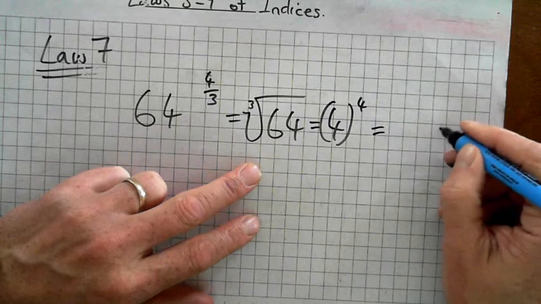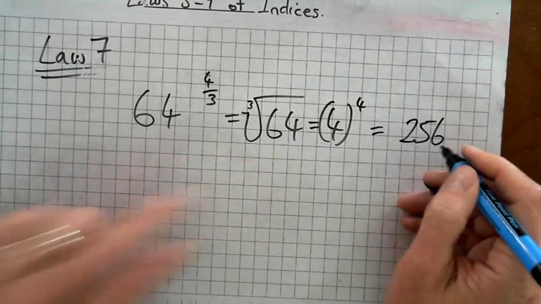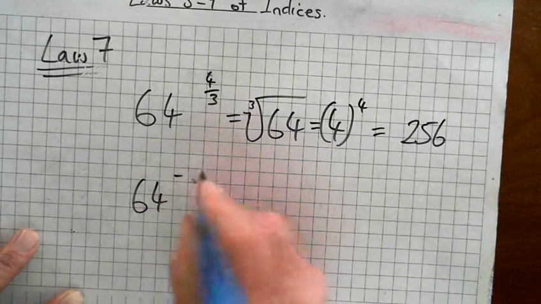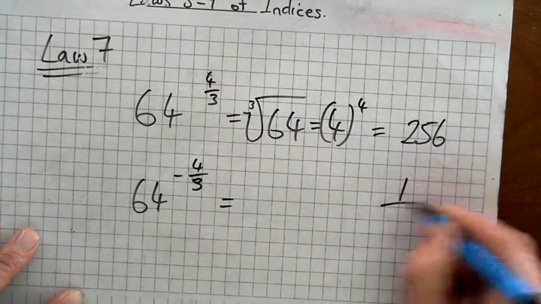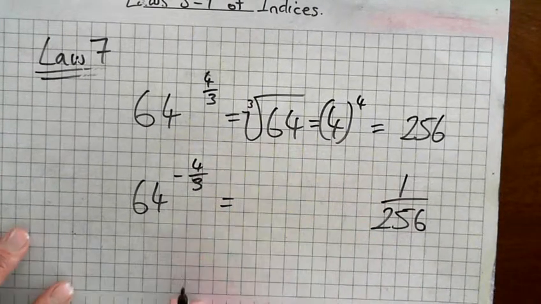What do you have? 256. Right, now do the actual sum. Write the actual sum down again. So what's the answer? It's 1 over 256. The minus means 1 over.